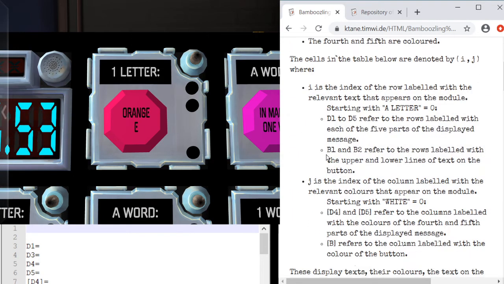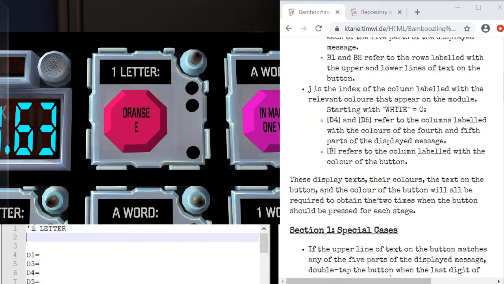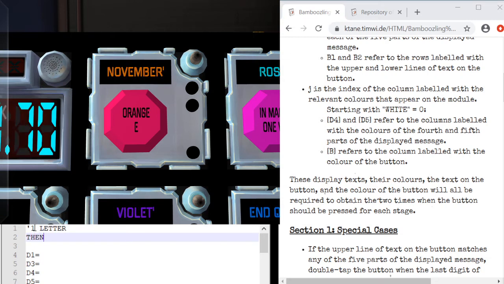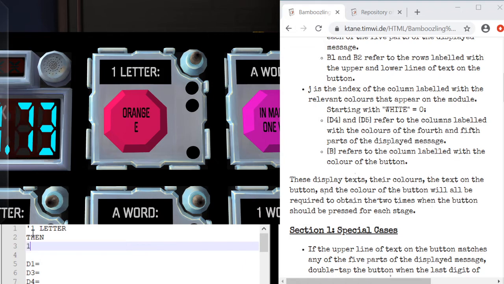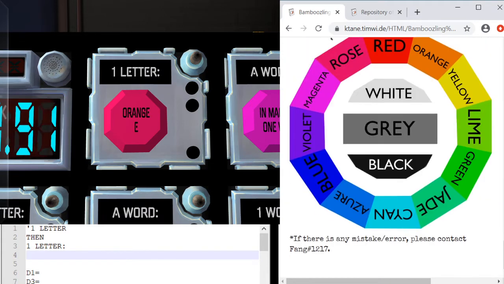So, to start off, we should probably write down what it says. So we have 1 letter, then, I didn't catch what the next line is. It is 1 letter, colon, what? The color is also important. Make sure you note that down.